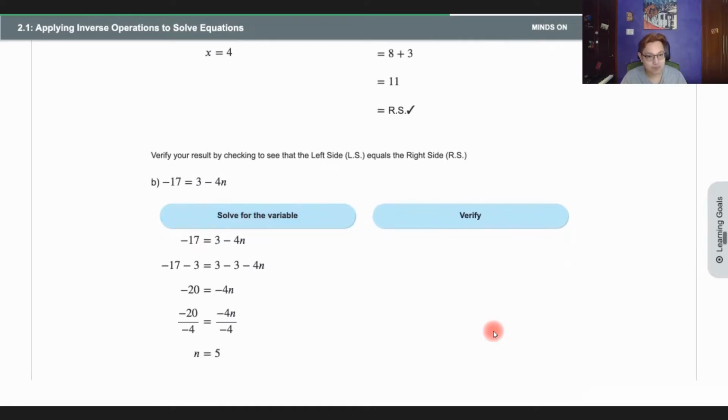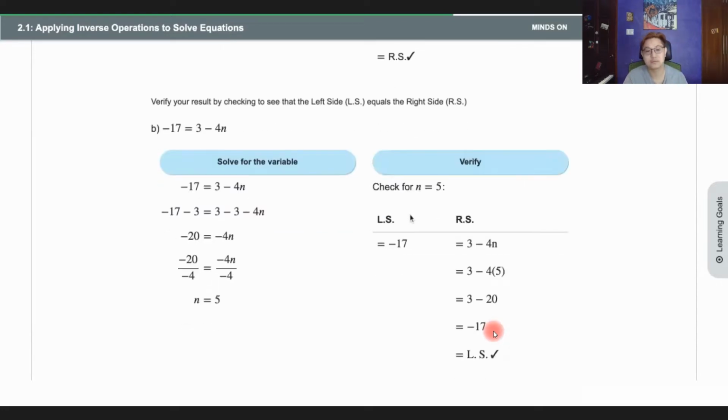But they didn't do that. Never mind that. I mean, there are many ways to solve this one in math. As long as you have the n equal to 5, it's fine. And when you verify, plug it back there.